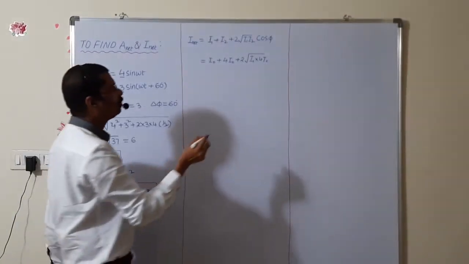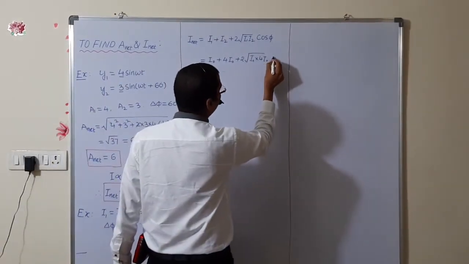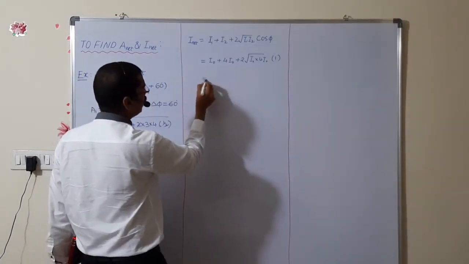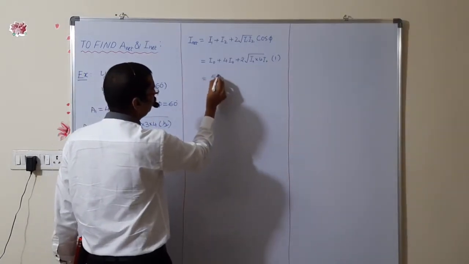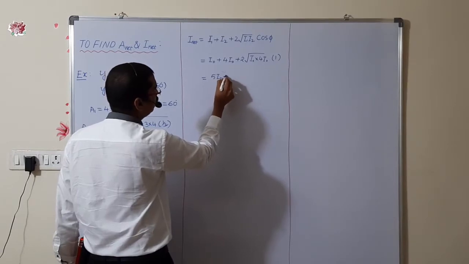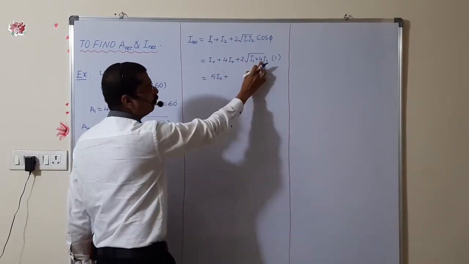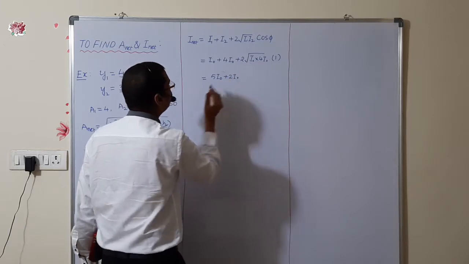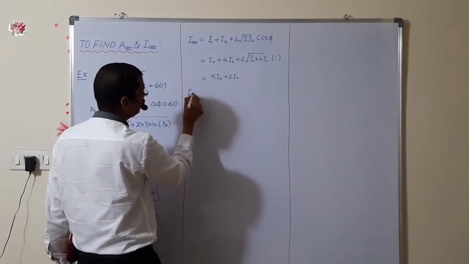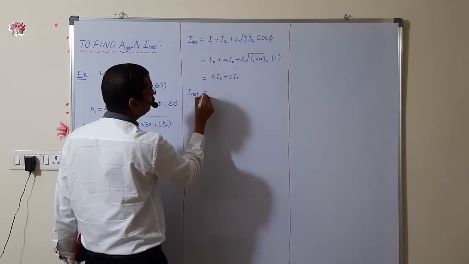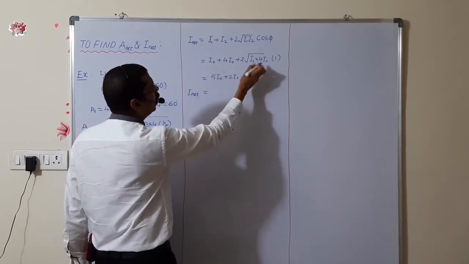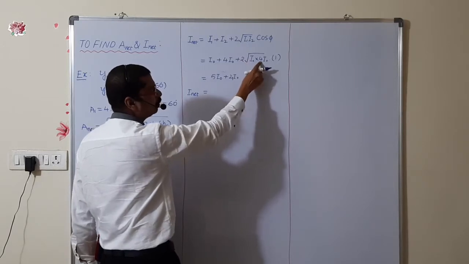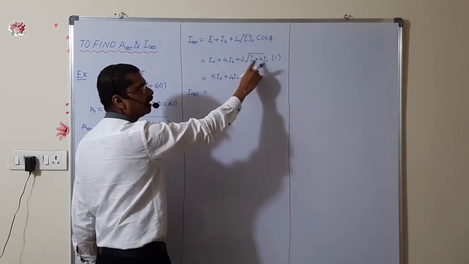Cos 2 pi value is 1. That value I am writing directly as 1. Now what value are we getting? This is 5 I naught plus 4 I naught, and 2 root 4 is 2, so we get 9 I naught.